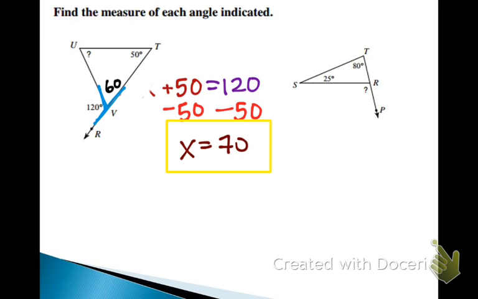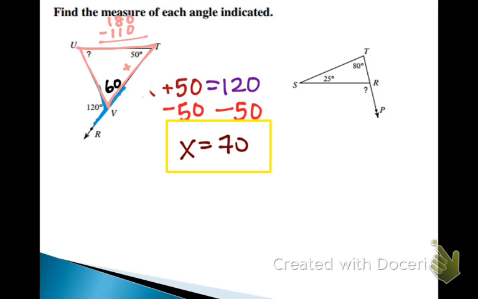Now let's look at our triangle. Highlight it in this salmonish color. What do the angles inside of a triangle add up to? They should add up to 180. So we don't know what this angle is, but we do know we already have 60 and 50 degrees. So how many degrees do we already have of our 180? We already have 110.